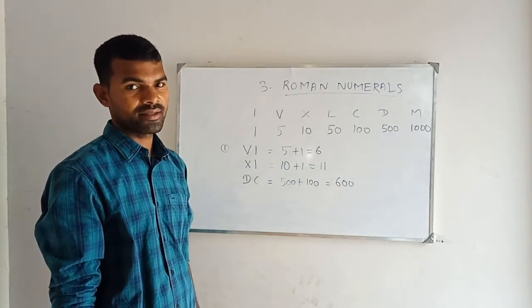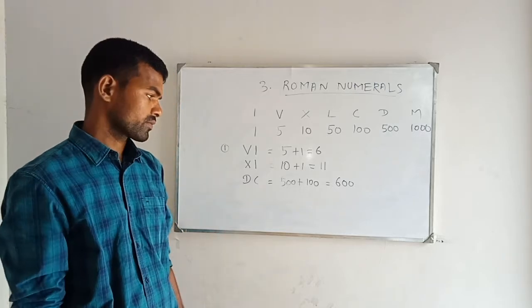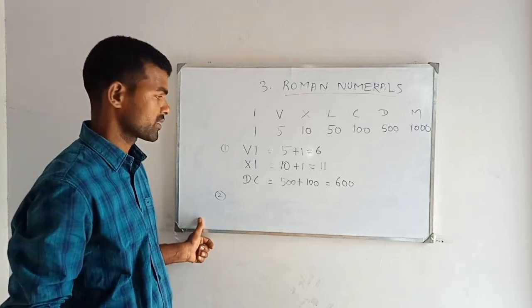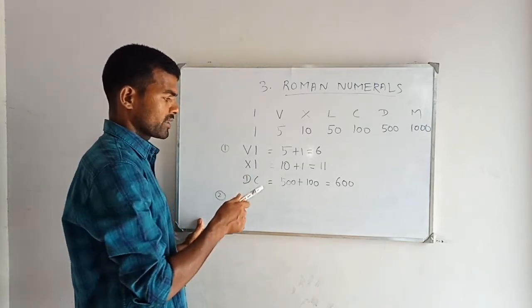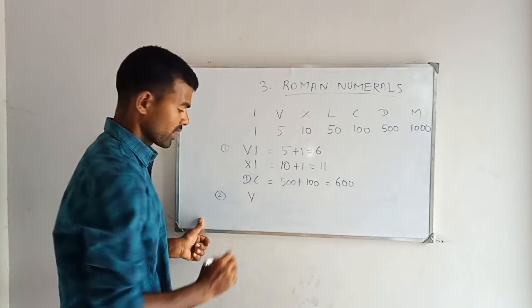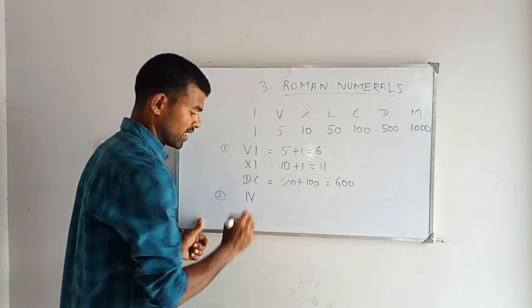Now we will see the second rule. The second rule is just the opposite. We know the value of V is 5, and we write I on the left side.